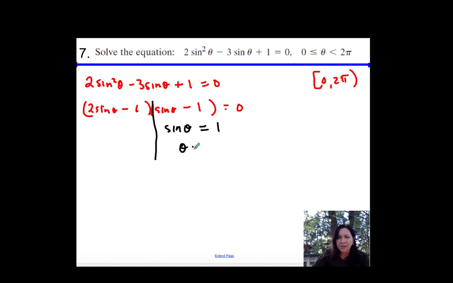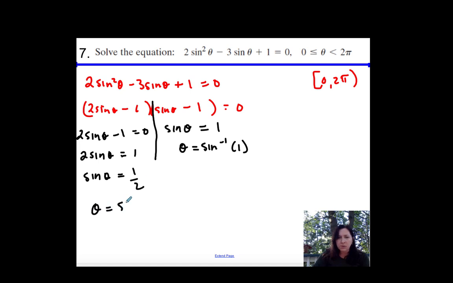And then theta is going to equal arc sine of 1. So that's asking me where is sine 1. And this one is going to be 2 sine of theta minus 1 equals 0. So 2 sine of theta equals 1. Sine of theta equals 1/2. And theta equals arc sine of 1/2.